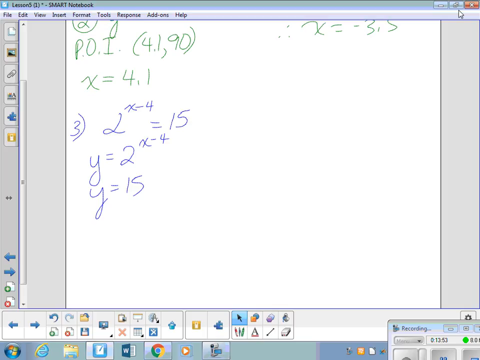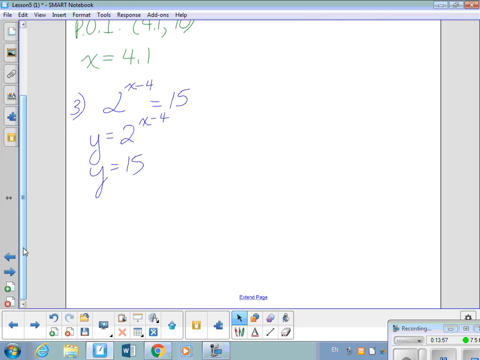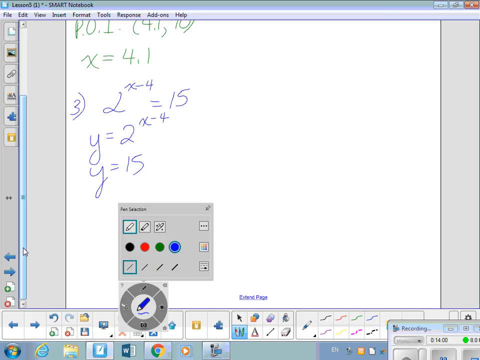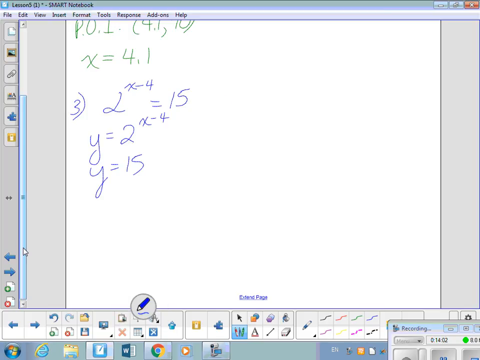So we'll bring back up our note. So we know that our point of intersection was 7.9 and 15. So therefore our x value is 7.9.